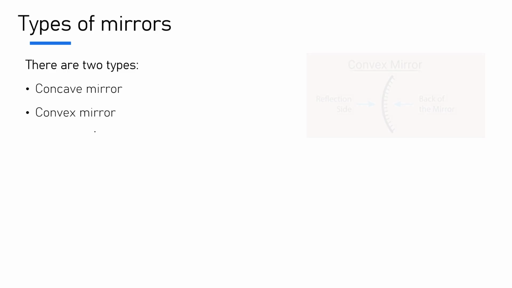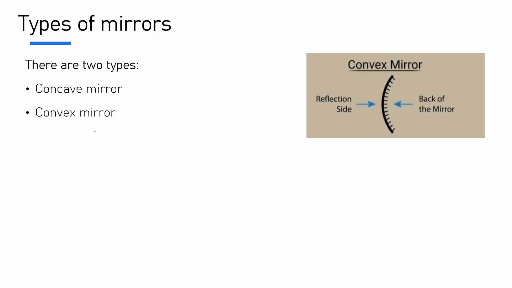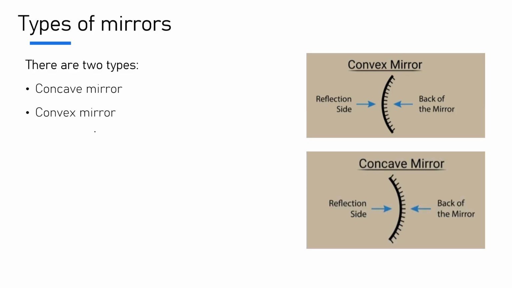Now let's see important types of mirrors in this chapter which we are going to deal with. They are concave mirror and convex mirror. Let's see the image of both. This is convex, this is concave. Observe both the diagrams and tell me what you understand about the mirrors. What speciality you notice between these two?